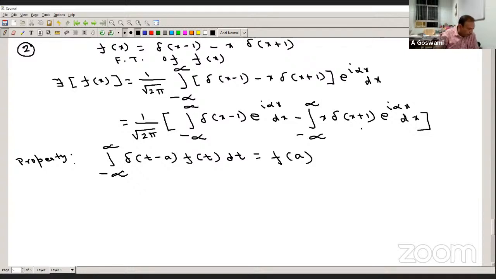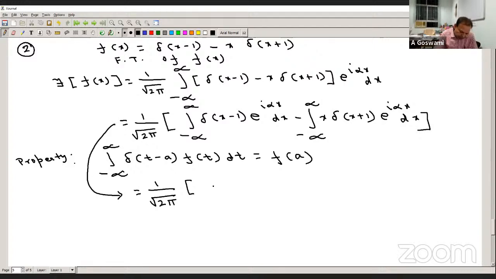So once I evaluate this one, this will be equal to 1 by root 2 pi, e power i alpha x. Sorry, let me write down one step more.